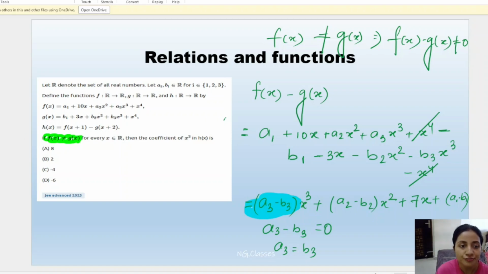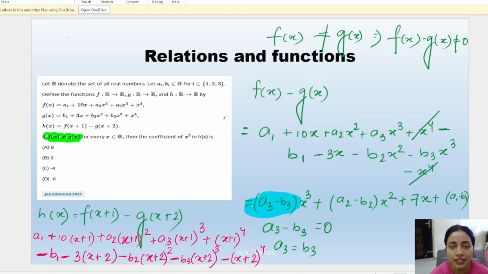Now we are supposed to find the function h(x), which is f(x+1) minus g(x+2). So this is what we have in hand so far. We don't need to simplify it. Here we just have to find the coefficient of x cube, as mentioned in the question.